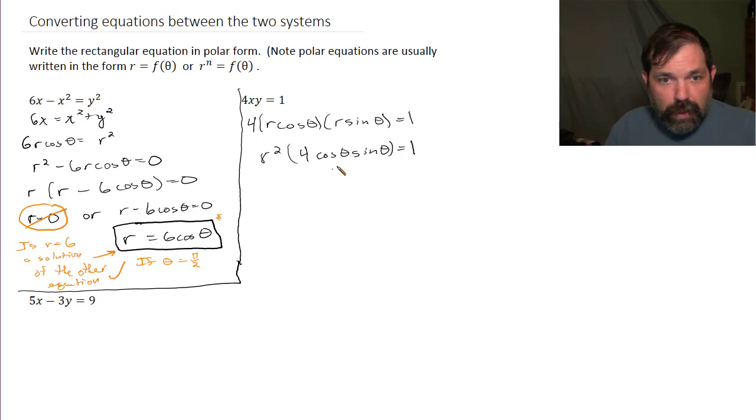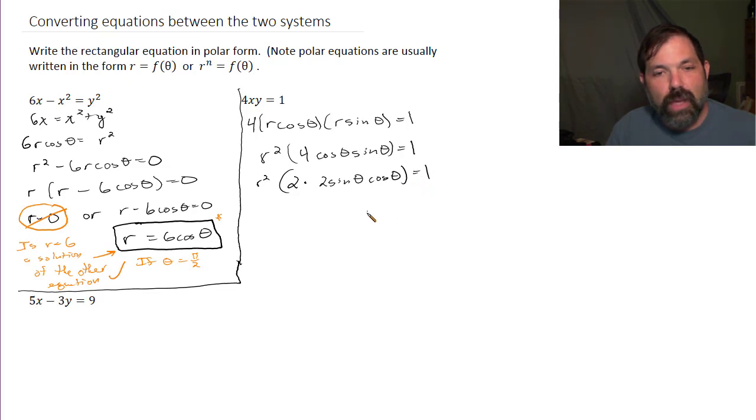If you sort of remember that 4 cosine theta sine theta, that's 2 times 2 sine theta cosine theta. And so then 2 sine theta cosine theta, hopefully that jogs your memory. You've heard that before. So that's r squared times 2 sine 2 theta equals 1.